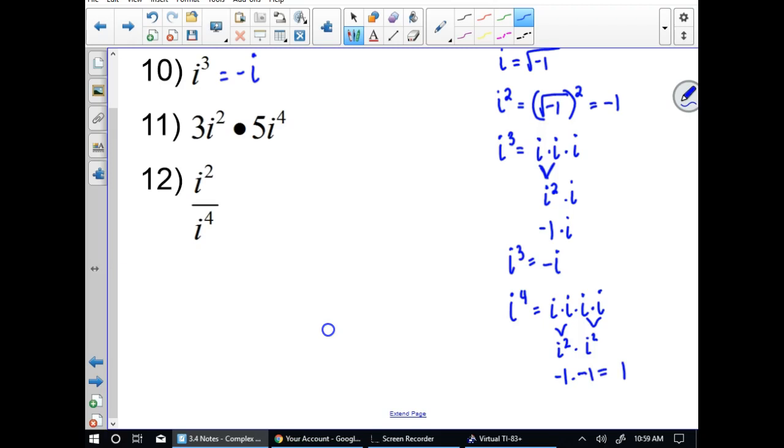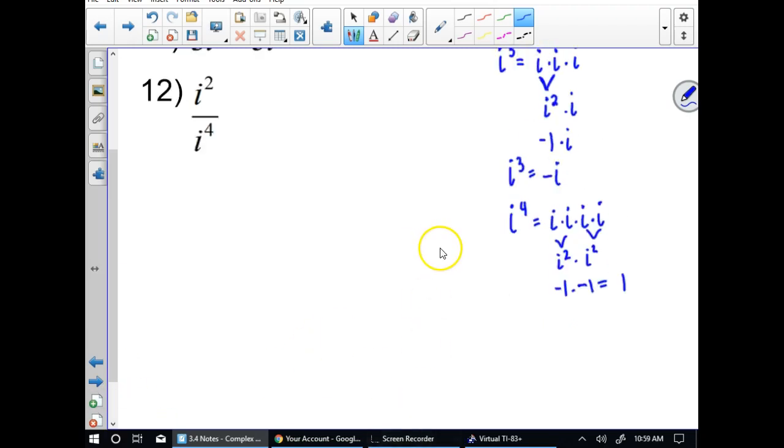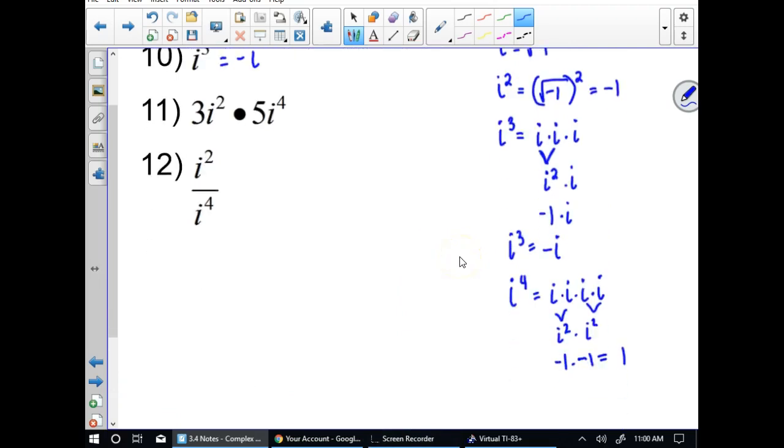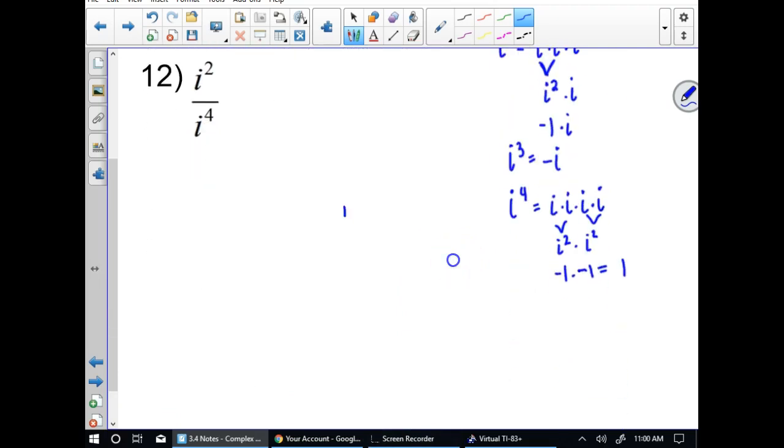Alright? Now, you don't have to do an i to the fifth on what we've got here, but let me just keep going to show you something. So let me just write this. i to the first, obviously, is just i. i squared is negative 1. i to the third is negative i. And then i to the fourth is 1. Okay?